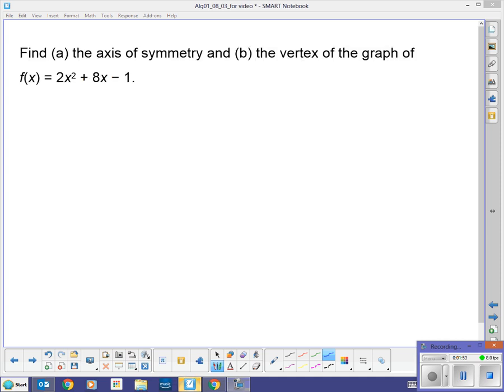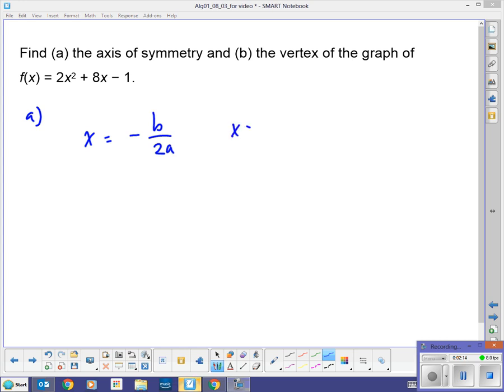And let's try this here. It says, find the axis of symmetry and the vertex of the graph of f of x equals 2x squared plus 8x minus 1. Okay, so the answer to A, the axis of symmetry, is x equals the opposite of b over 2a.